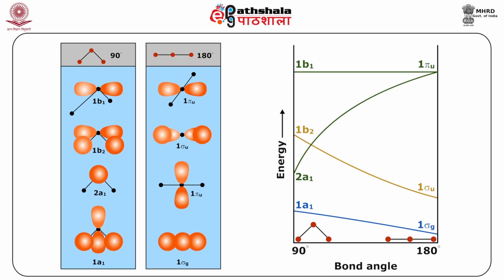In the angular AH2 molecule, the 2a1 molecular orbital is of lower energy than in the linear AH2 molecule, because, as can be seen from the Walsh diagram, this molecular orbital has a positive overlap with the 1s orbital of hydrogen, whereas it has no overlap in the case of the linear AH2 molecule.